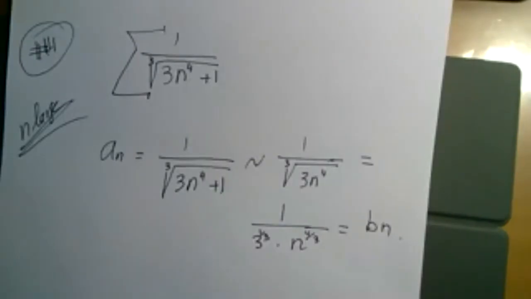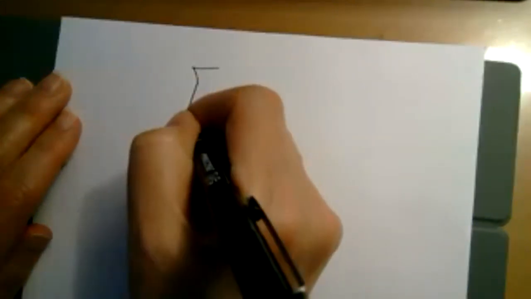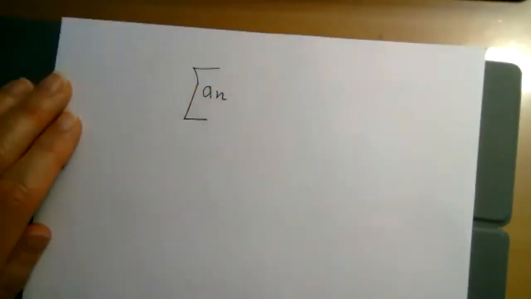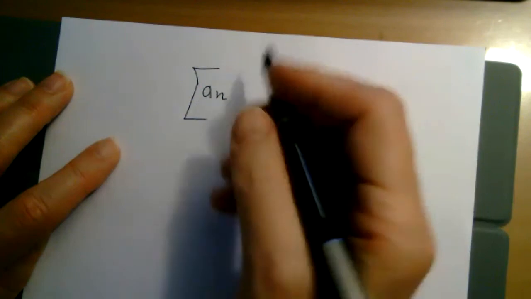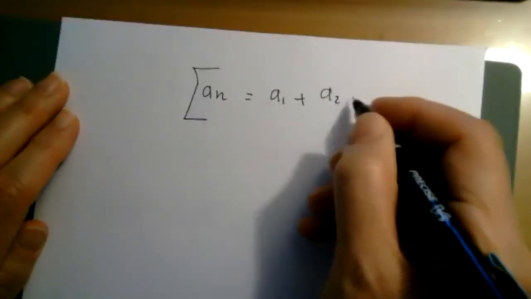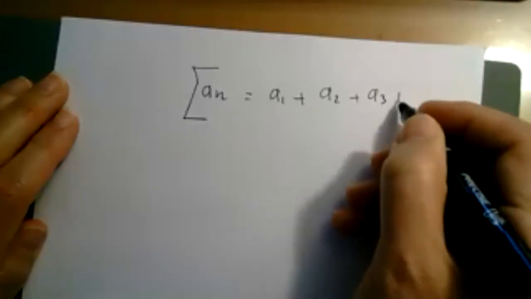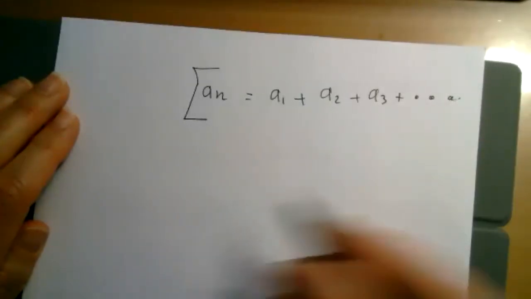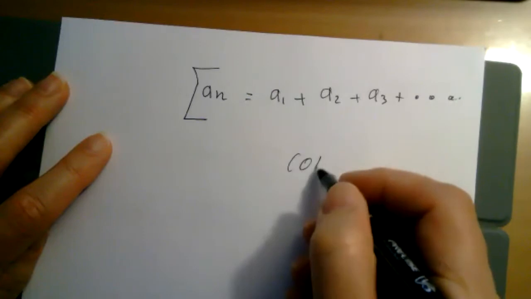Suppose I give you a series, sigma An, and I tell you that this series converges. So what is sigma An? A1 plus A2 plus A3 plus and so on, and this converges.